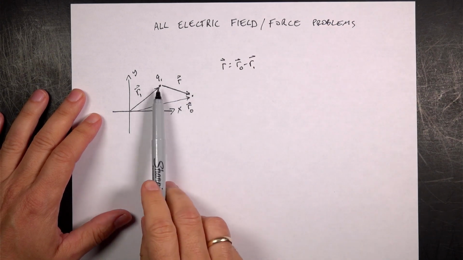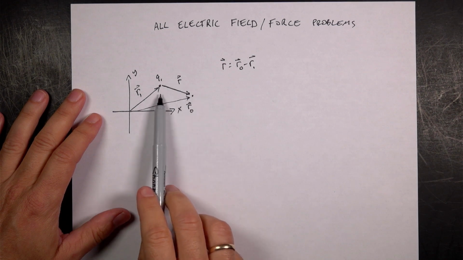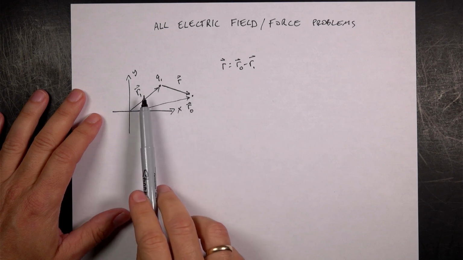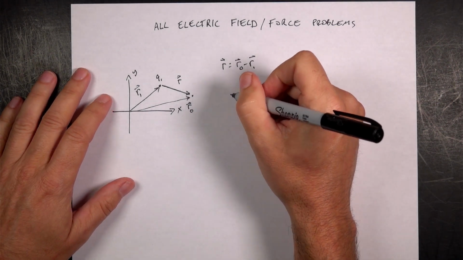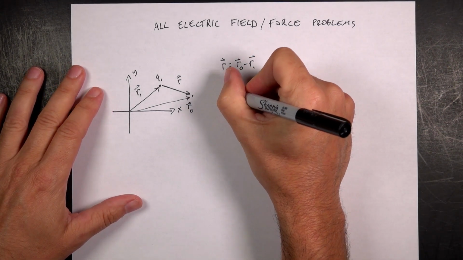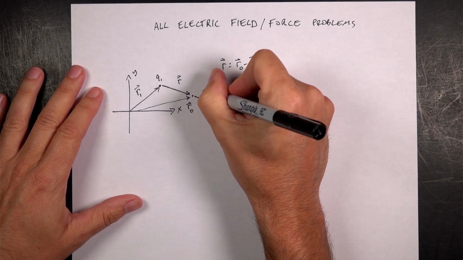Because if I want to find the electric field from the point charge at the observation location, I need to find that vector. If I know these two vectors, this vector minus that vector is that vector. Then I can write the following for the electric field. I'll call it E1 because it'll be pointing, if it's a positive charge, this way.